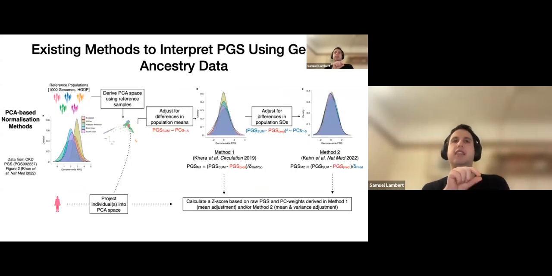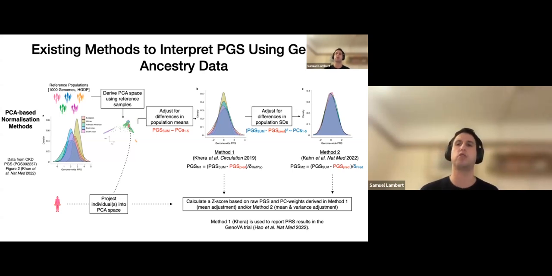And this works by then taking the pink person, seeing where they sit in the PCA space, calculating their expected polygenic score, and then returning the Z-score that's based on regressing out the mean or variance differences that we would expect based on this person's genetic ancestry.